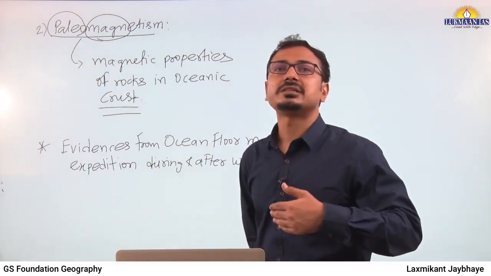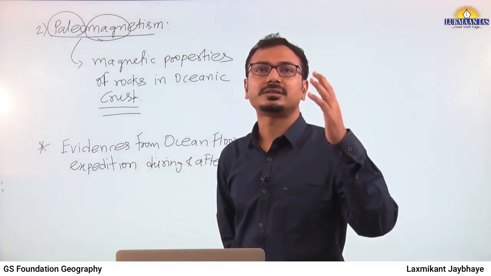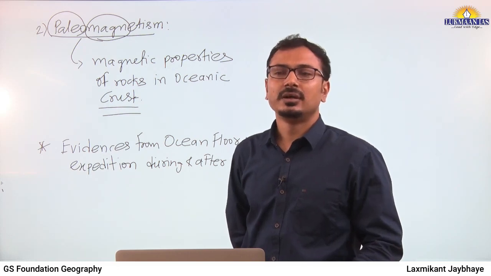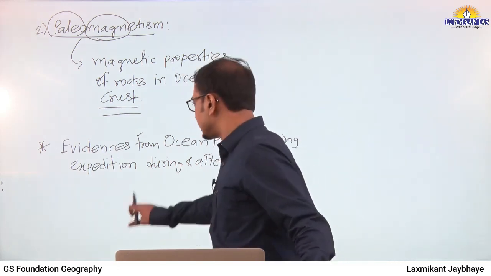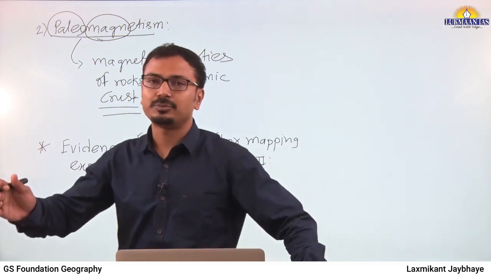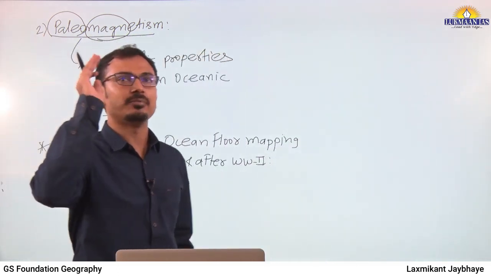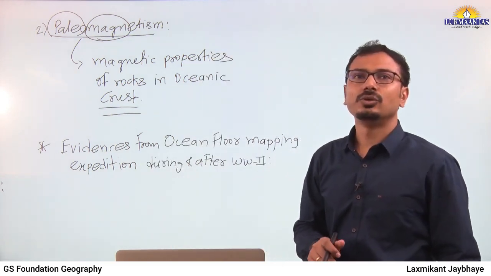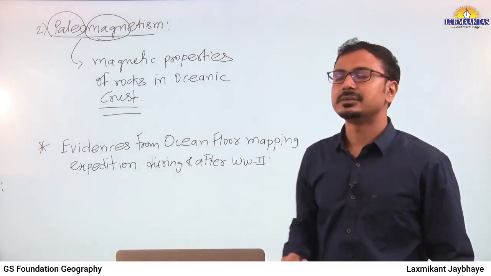This is the longest mountain chain on the Earth's surface. It was found through these studies or mapping that continuous volcanic eruption is happening in that mid-oceanic region. So that again supports the evidence.